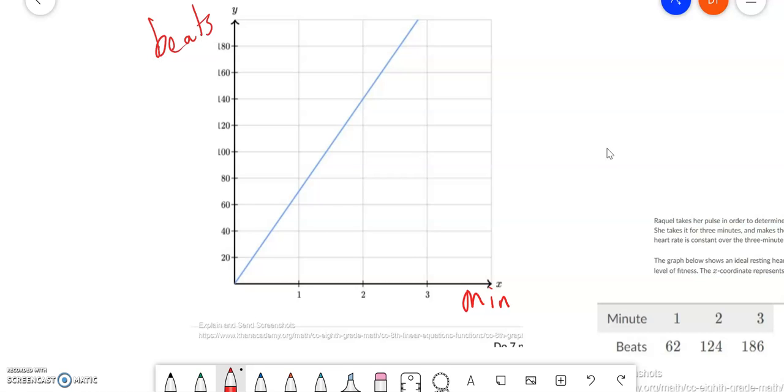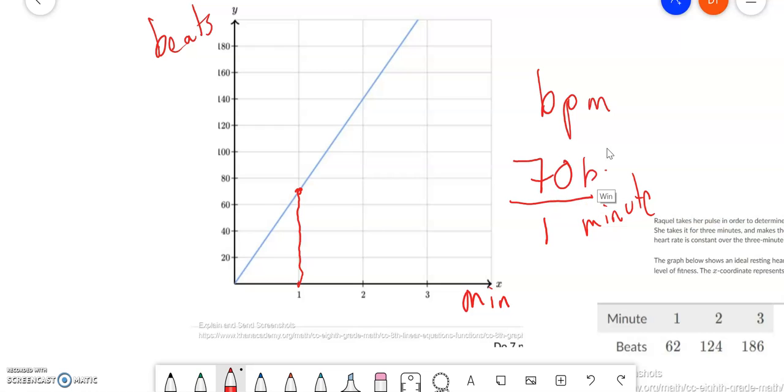So we're curious about beats per minute. We're going to put the number of beats, and for minutes we're going to do 1 minute. How many beats in 1 minute? So ideally from 1 minute, I would just go up, that's 20, 40, 60, that's about 70. So about 70 beats per 1 minute is the target.